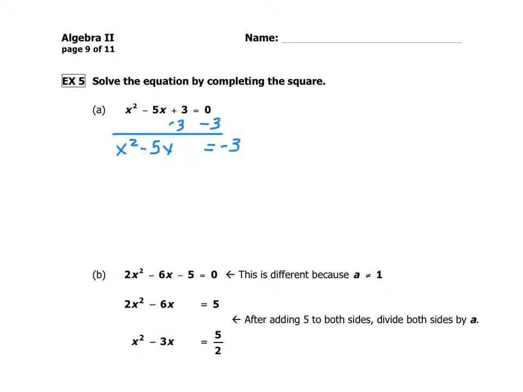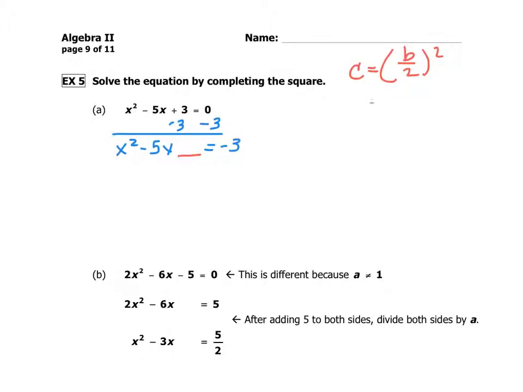The next thing we need to do is to figure out what we need to add here to make this a perfect square trinomial. And we're going to use the formula C equals B over 2 quantity squared.